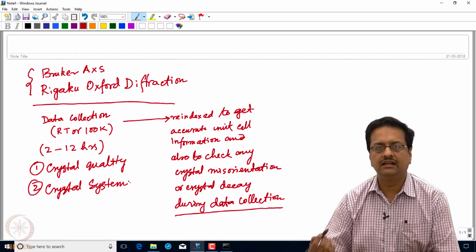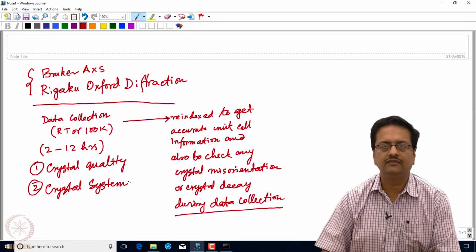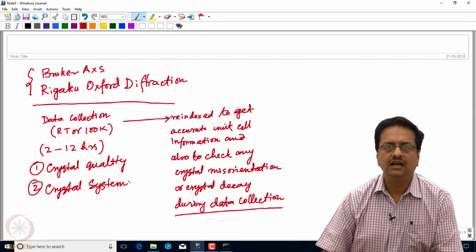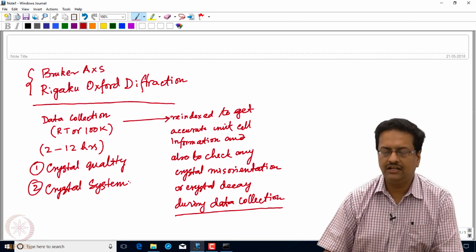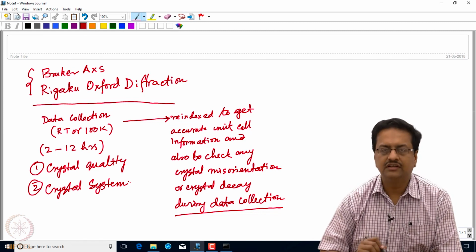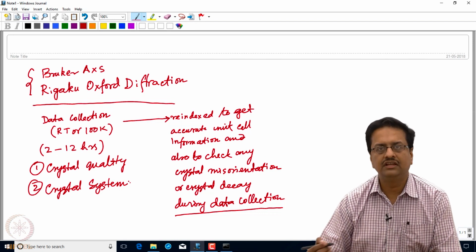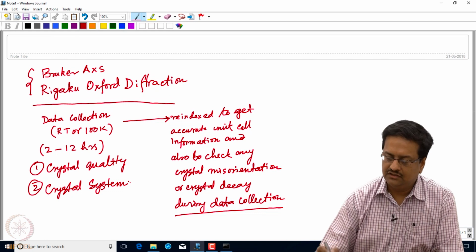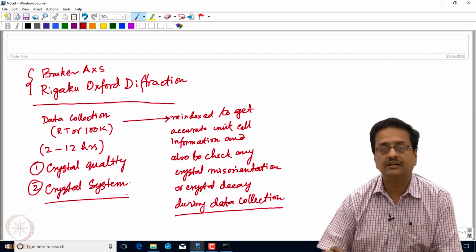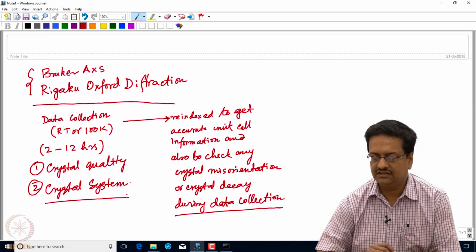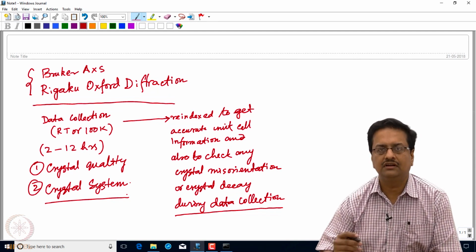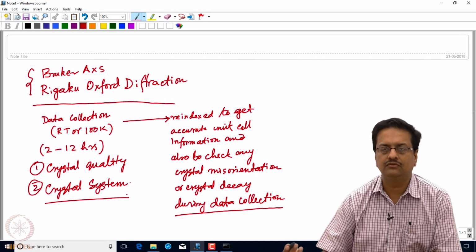As you have already learned, for triclinic we need much larger data compared to an orthorhombic system, and for a cubic we need very little data. So that is how the crystal system comes into play. We collect data according to the Laue symmetry of that particular crystal that we have determined from the initial stages.